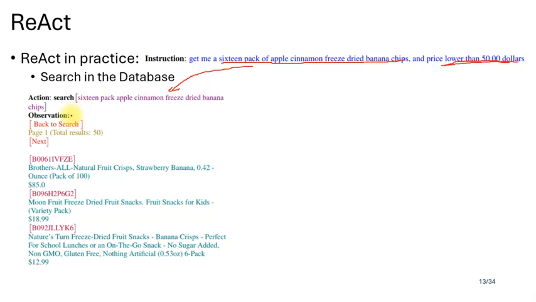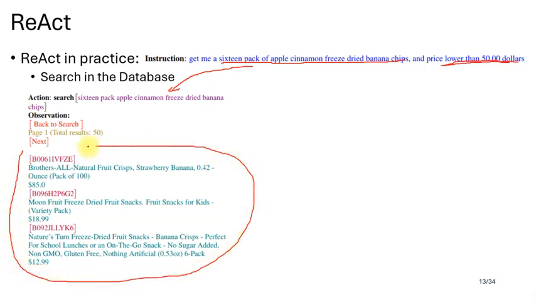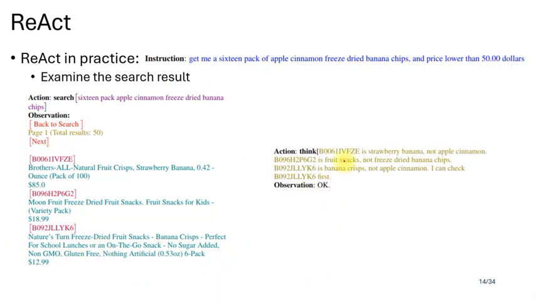Then after searching, you find this information in your database. It includes fruit crisps, dry fruit snack, and fruit snack. You find something, banana chips something. Maybe this one is relevant. Then you start thinking. So far, after retrieval, you have three outcomes, so in your action you have to analyze them.